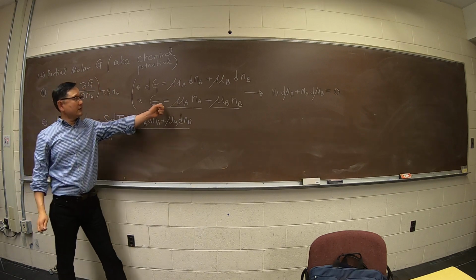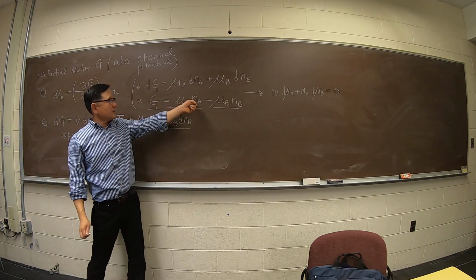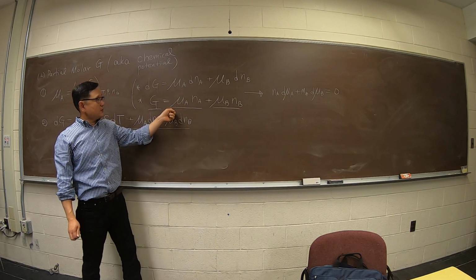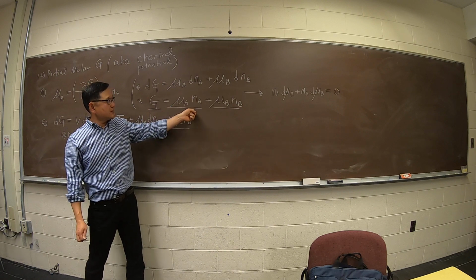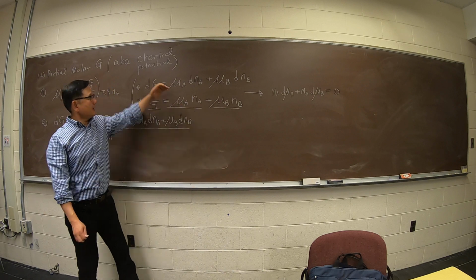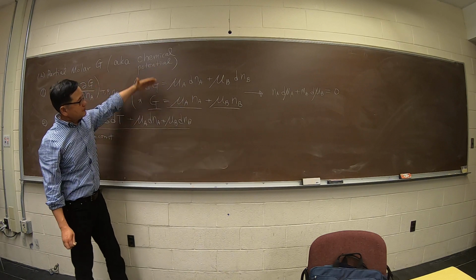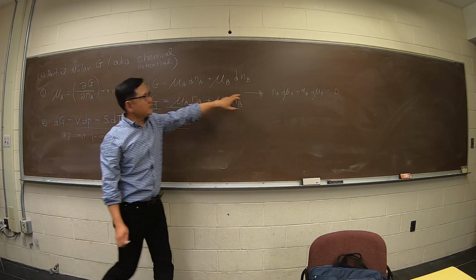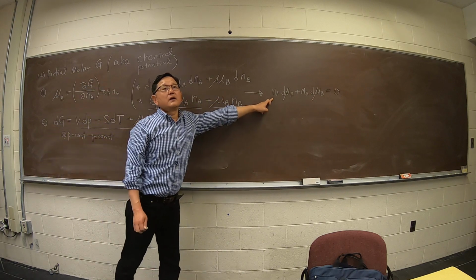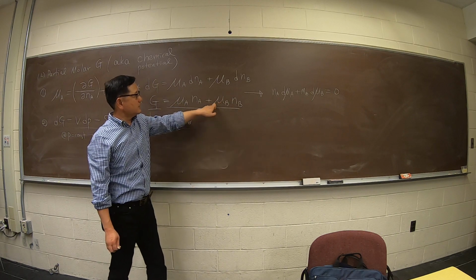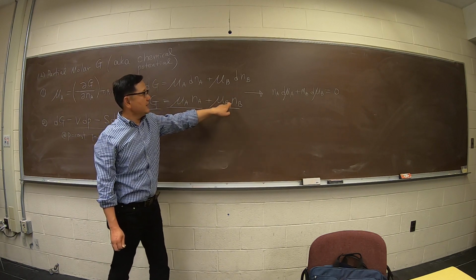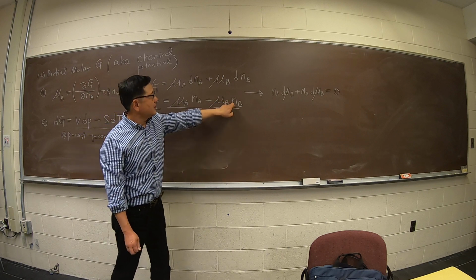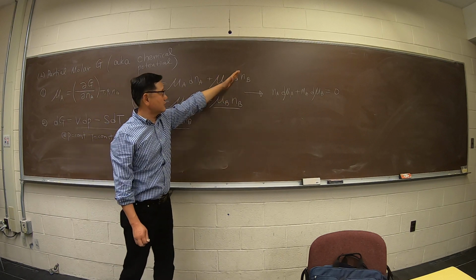If you do the dG, there will be mu A dNA plus d mu A times NA. If you subtract from the top to bottom, the first term is gone and the remaining term is this one. Do the same thing for B: d mu B NB plus mu B dNB, and if you subtract, the second term is gone.